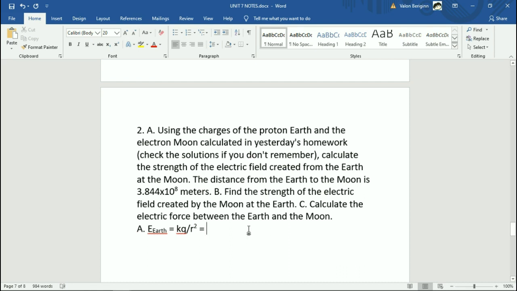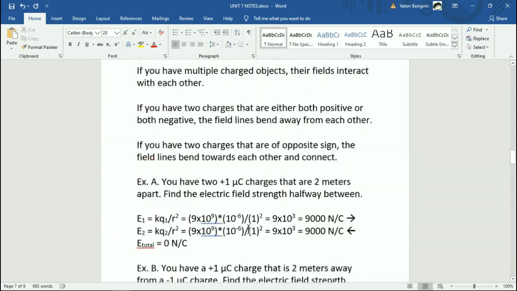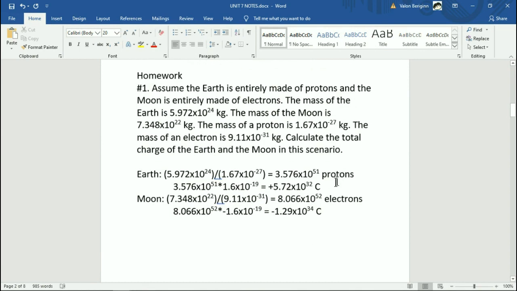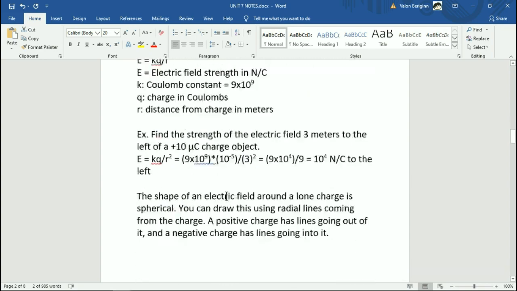So we need the charge, because it's created by the Earth, so we need the charge of the Earth, what we got before, which is all the way up here. This is our charge of the Earth, so copy that.